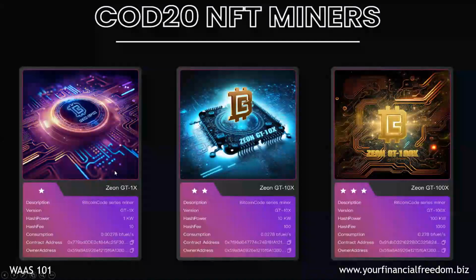These are the images of the NFT miners. We have the Xeon GT1X, the Xeon GT10X, and the Xeon GT100X. These miners, more or less, would earn you the Bitcoin code.